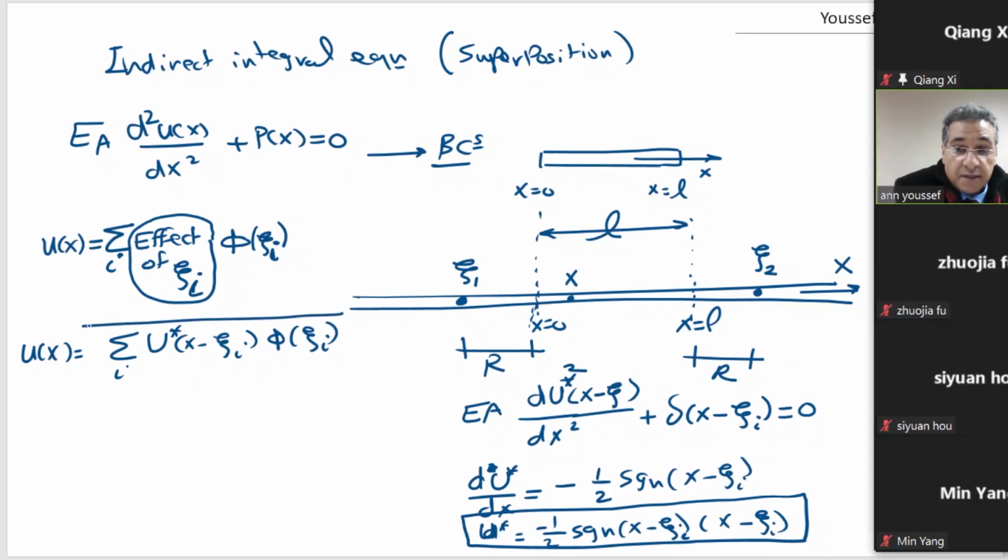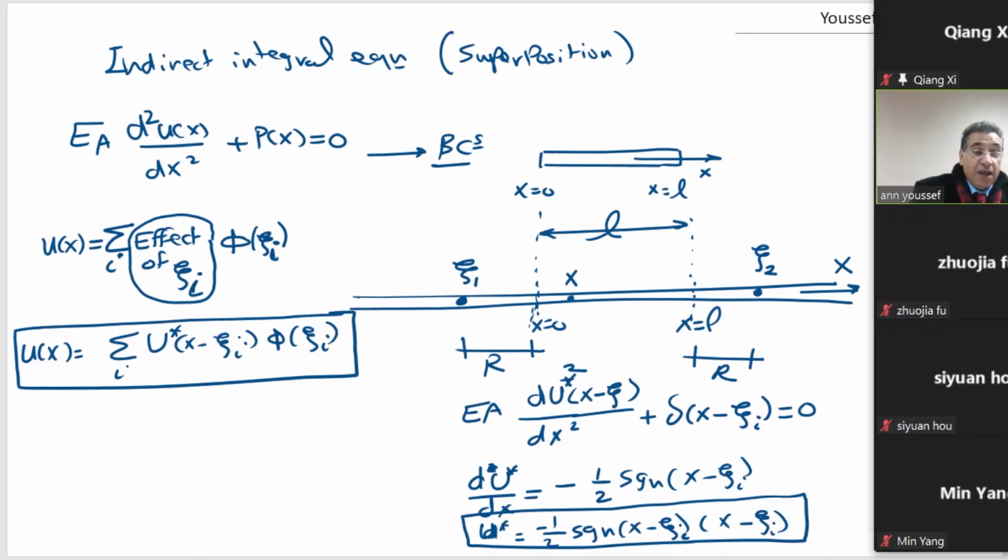This is what we call the indirect integral equation. It is an integral in one dimension because the summation is over i, with i equal 1 and i equal 2, for example.